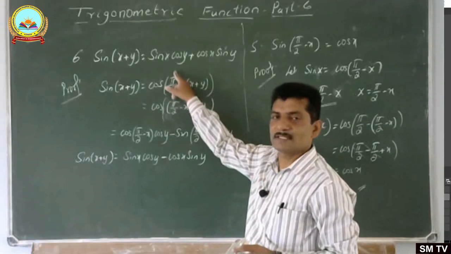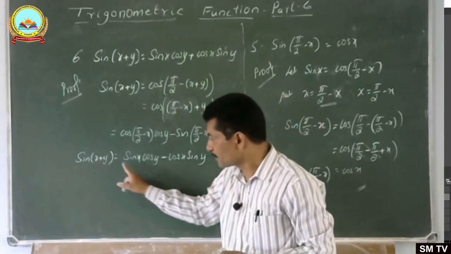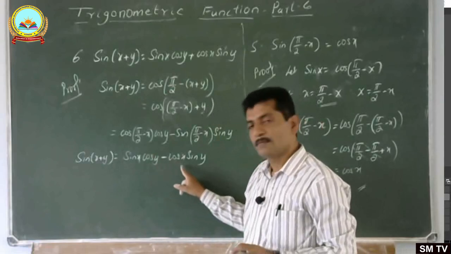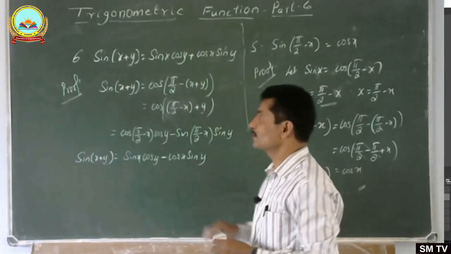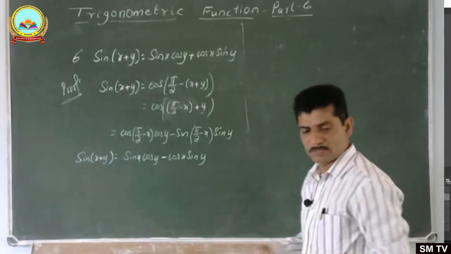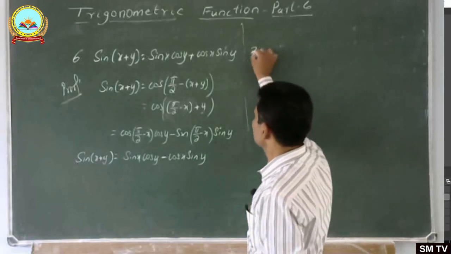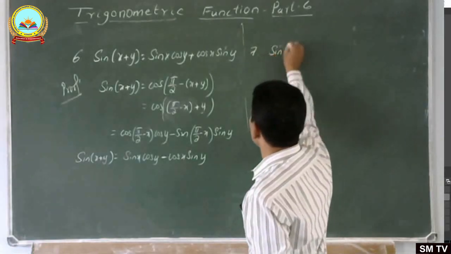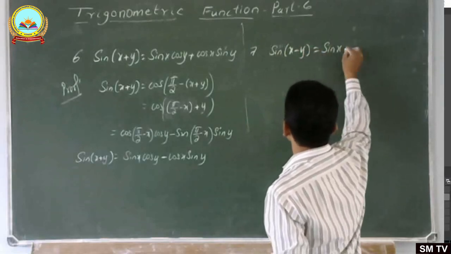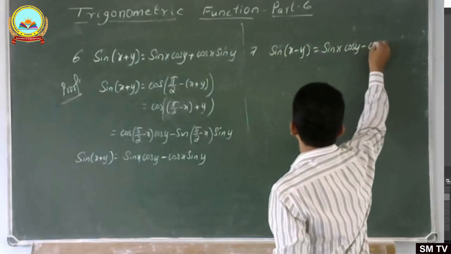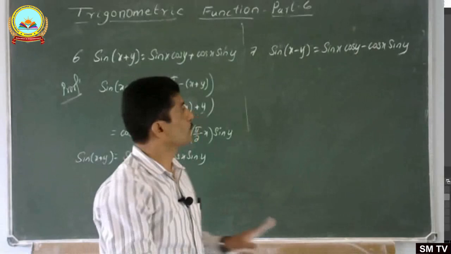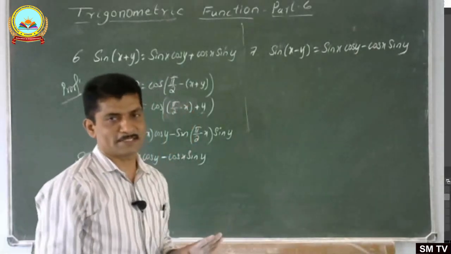And with the help of this result, the seventh result, you can prove that sin of x minus y is equal to sin x into cos y minus cos x into sin y. Here also the proof is very simple using the previous results.